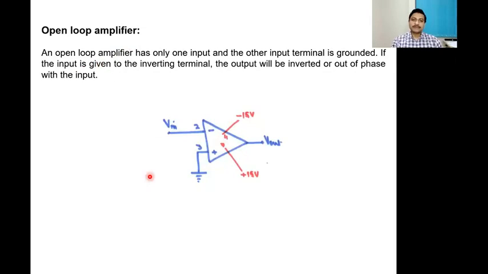Now, this is the circuit, and an open loop amplifier, the way we want to construct it, has only one input, and the other input terminal is grounded. So that's what it shows here. In general, I'm choosing pin number 2, and in discussing all these circuits, we are mainly going to consider the 741 as our choice op-amp.